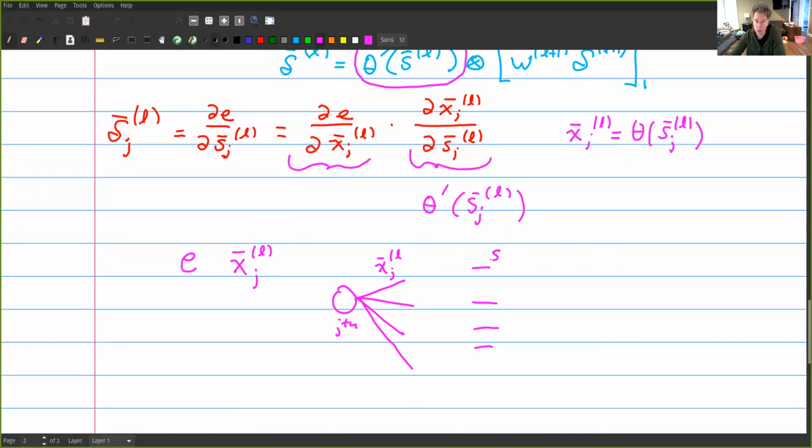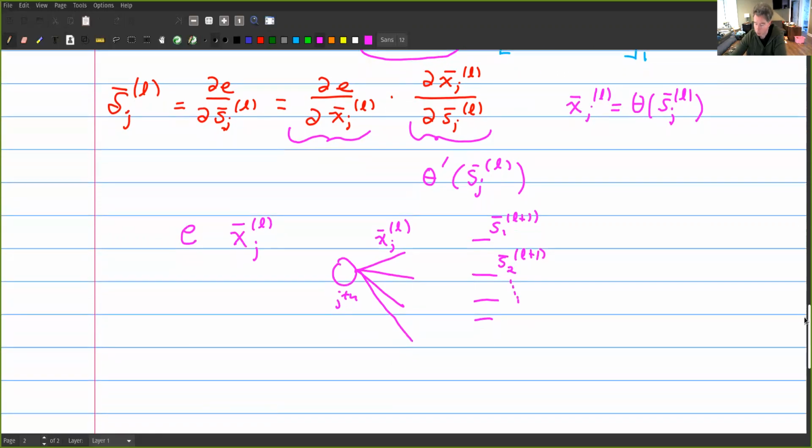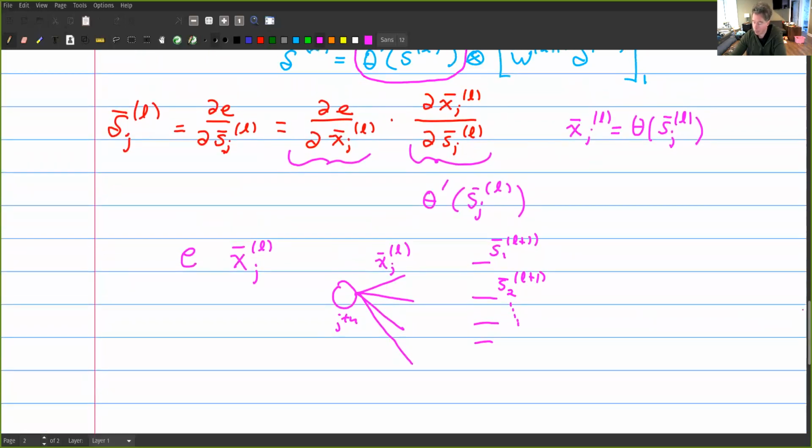So this would be S1, L plus 1. This is S2, L plus 1, etc. So the thing that makes this case a little bit more complicated is that XJL actually affects all of these S's.